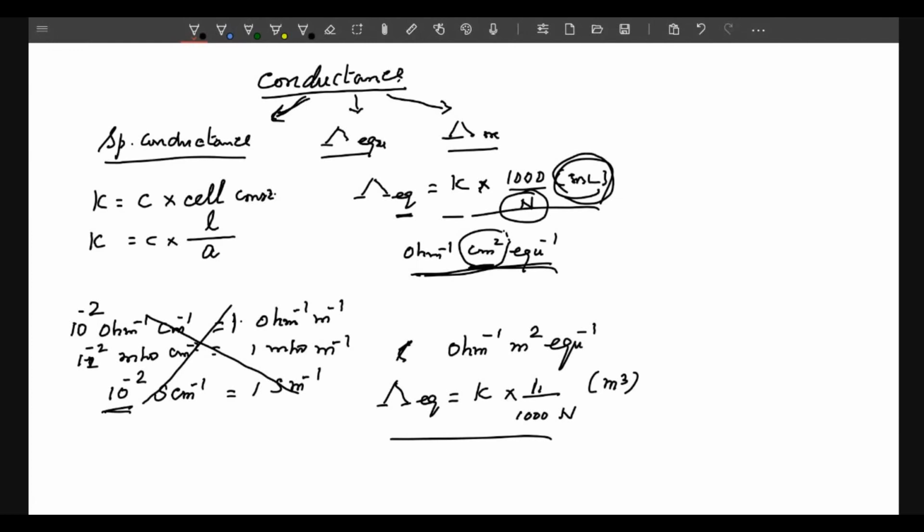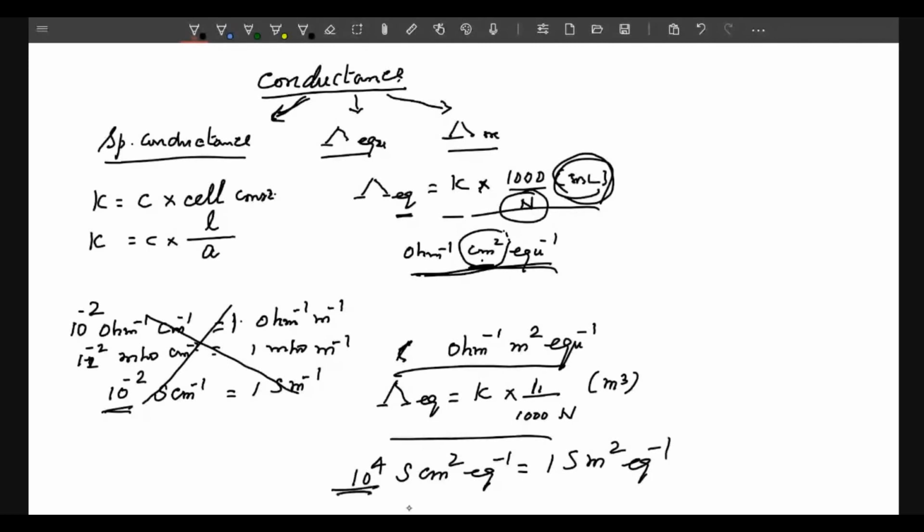Then you can convert this into meter square by using one relation which I have already given you: 10 power 4 Siemens centimeter square per equivalent is equal to 1 Siemens meter square per equivalent.